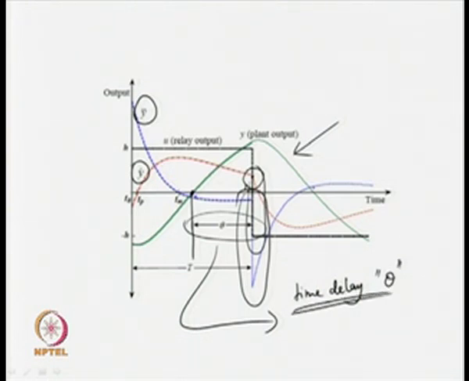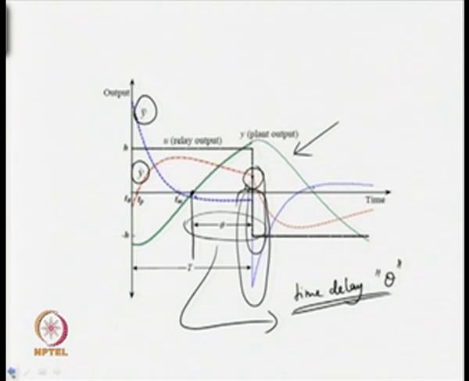So, this is how it is possible to obtain one more parameter or additional information from the output of a relay control system. Now, we shall do a little bit of analysis for this system before going to identification procedures.